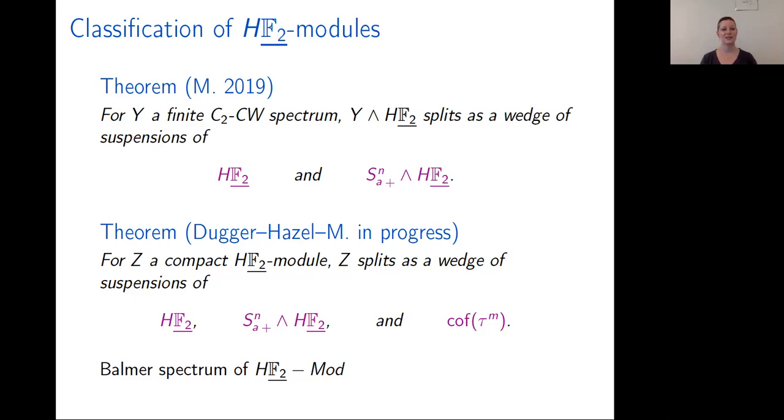The last piece we need are cofibers of powers of tau, where tau was that element in M2, the cohomology of a point. We also go on to describe the Balmer spectrum, or the tensor triangular spectrum, in this category. In future work, we're interested in varying the group, considering C3 or Cp for odd primes, as well as varying the coefficients. For example, integral coefficients would be very interesting.